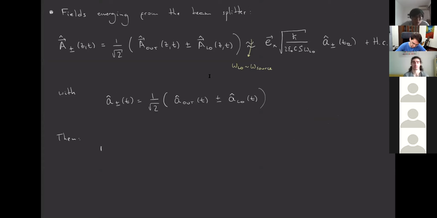And which are these photon number operators? These are just A dagger plus minus A plus minus. And if you just expand it, you get 4 terms. And these 4 terms you can rewrite as the part that does not have interference, so this is the photon number of the output plus the photon number of the local oscillator.